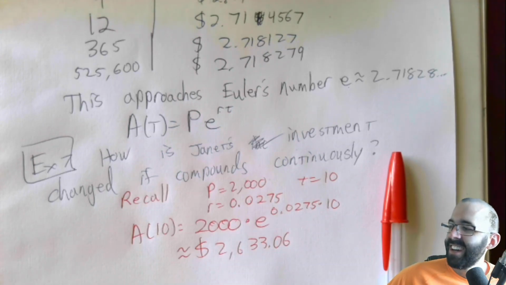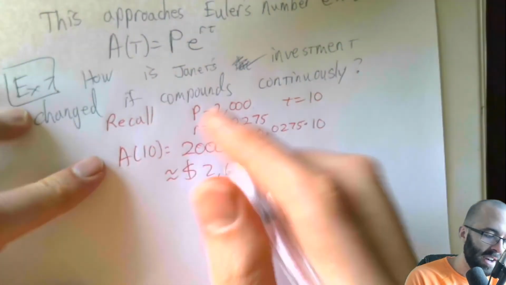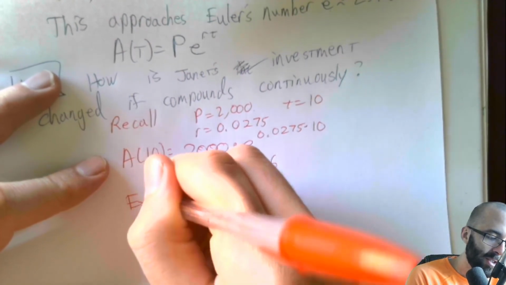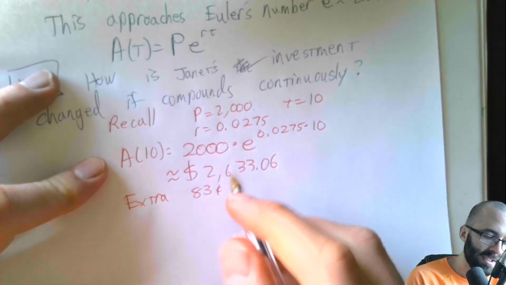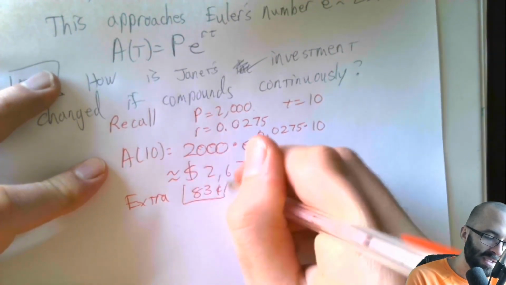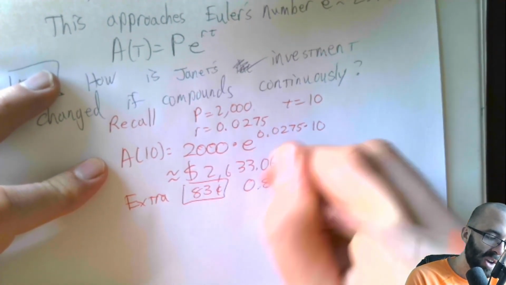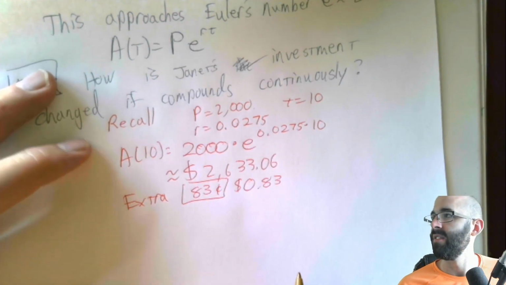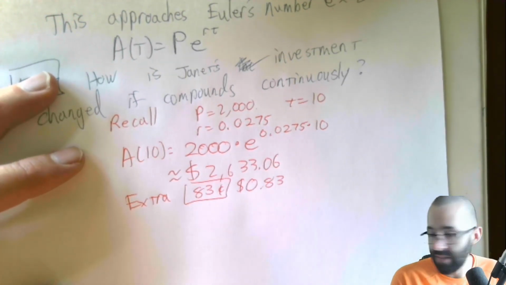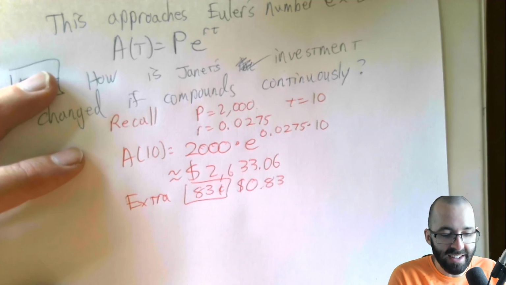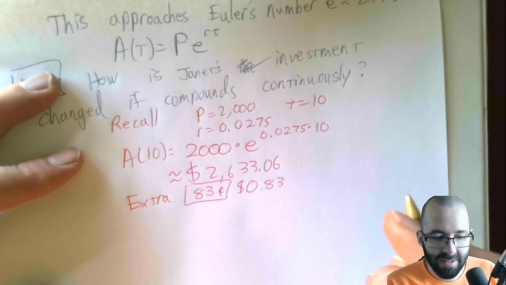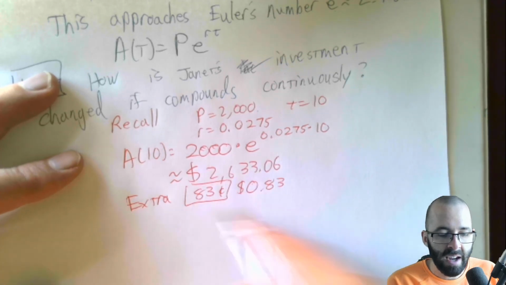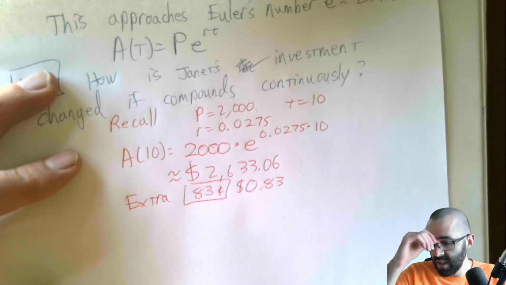Whoa! How exciting! I don't think the cents actually goes through all the way, but it's something like that. If you want to say $0.83, that's good as well. I also just guessed. I think that's the actual difference. All right. So how has it changed? Not much.